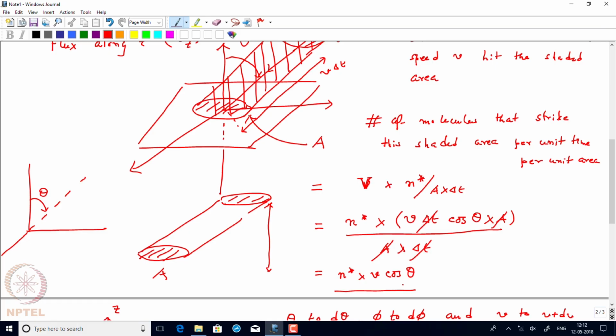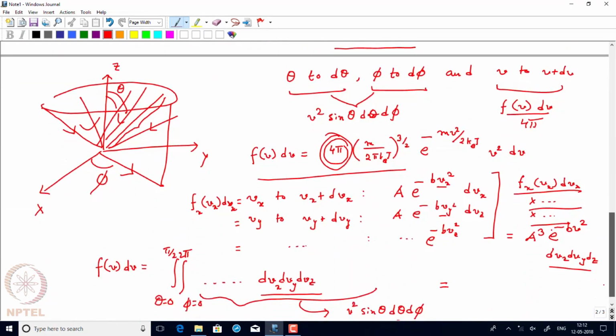If I change from v to v plus dv, r to r plus dr, then we get a differential surface element, which you obtain from going from theta to theta plus d theta and phi to phi plus d phi, and that will be equal to something like v square sin theta d theta d phi, plus we are going to have one Maxwell-Boltzmann distribution.